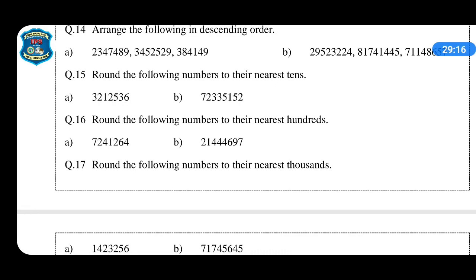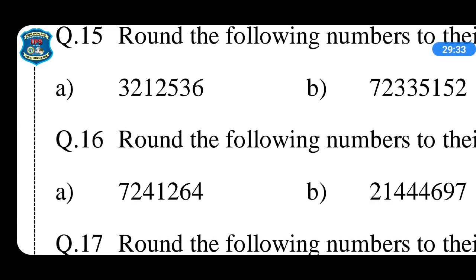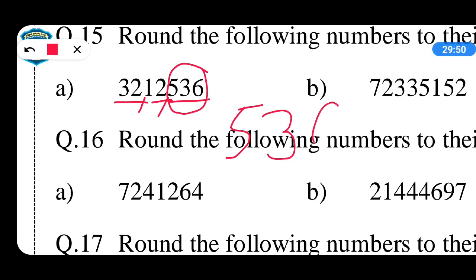The 15th question is round the following number to the nearest 10. You have to round off the number to the nearest 10. So look at the given number, you will understand the meaning. The number is 32,12,536. See the last, the ones place number, 536.